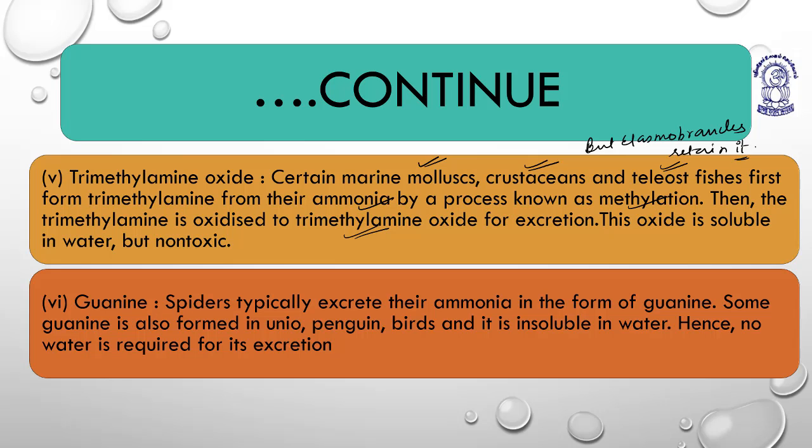In mammals, a small amount of uric acid is produced by the metabolism of purines.